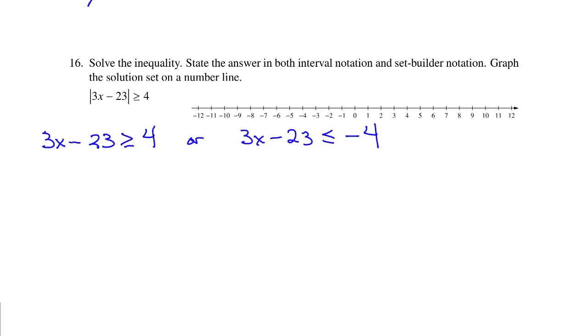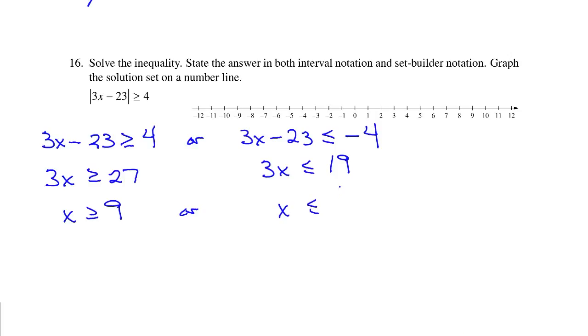And then we just solve both of these separately. So we're going to get x is greater than or equal to 9, or 3x is less than or equal to 19, so x is less than or equal to 19/3.